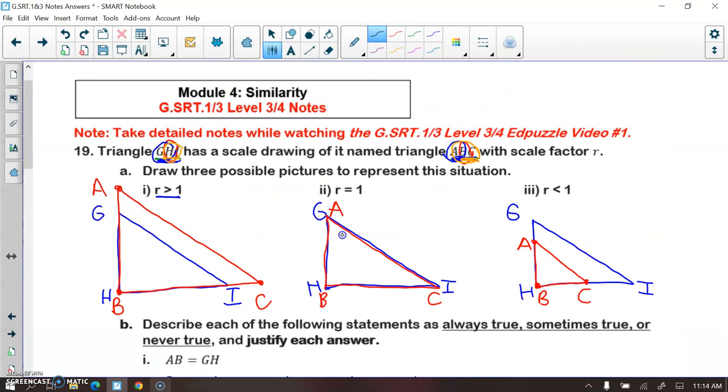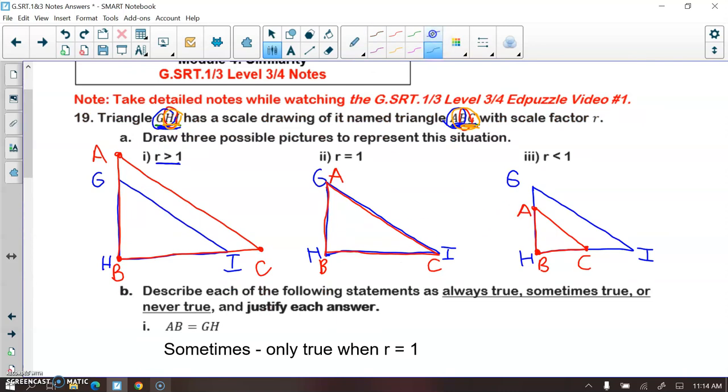So if I had, let's say, GHI being a 3, 4, 5 triangle, and let's say that I had triangle ABC being a 6, 8, 10 triangle. Corresponding sides here are proportional.